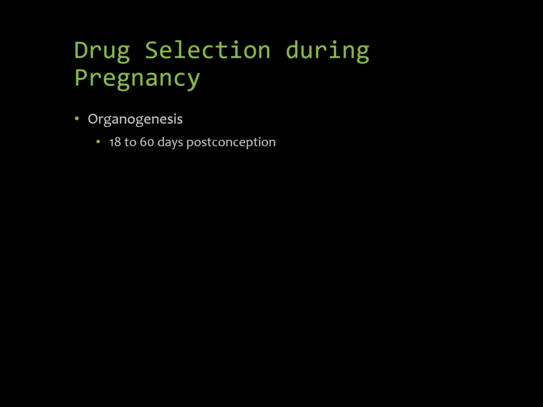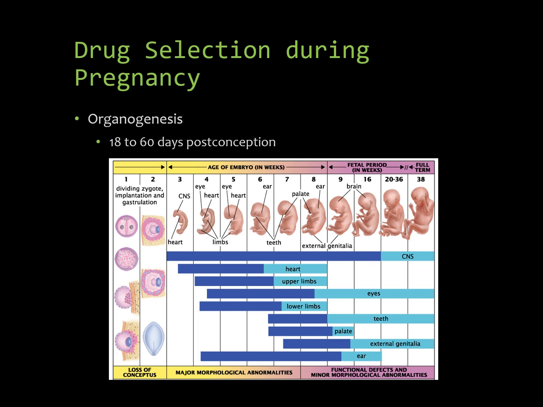Now, you should always remember that most of the organogenesis gets completed by the second trimester, that is 18 to 60 days. If you see that chart, most of the structures and organs are formed within the 2 trimesters, except the organs of the central nervous system.